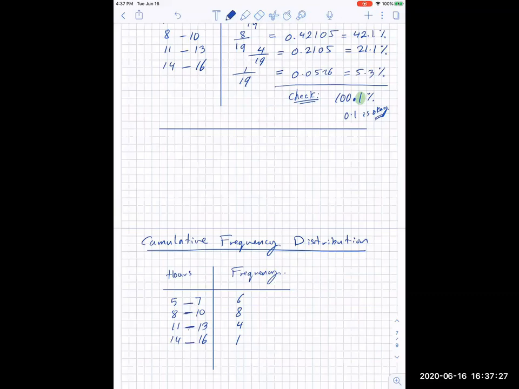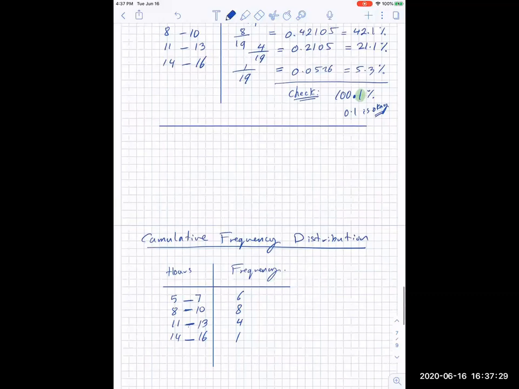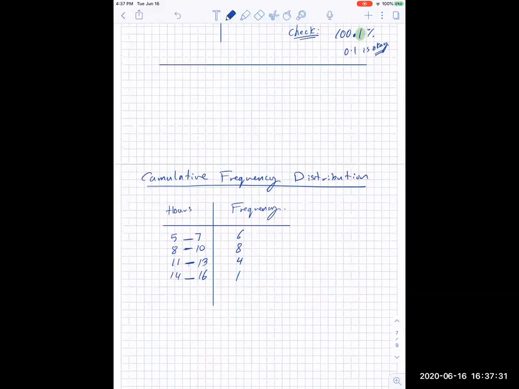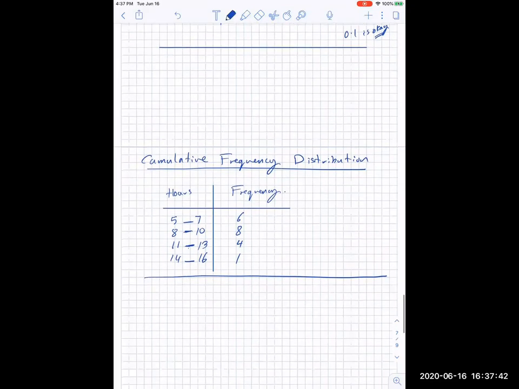All right. So this is what we're going to do. This is the original table, the frequency table. Now, this is not the table that we want. I want to construct now a cumulative frequency table.